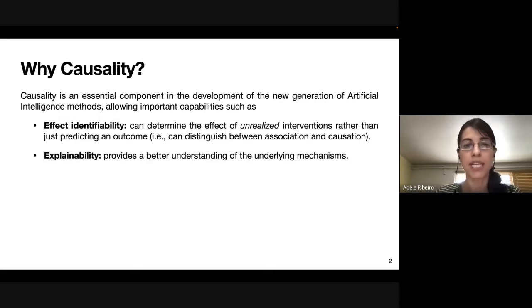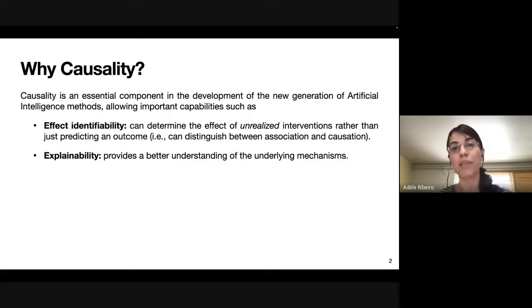Another important capability is explainability. The current methods in artificial intelligence usually rely on just the observational distribution. I'm going to explain a little better what this means. The only thing that you can do based on these results is to make predictions about some phenomena.